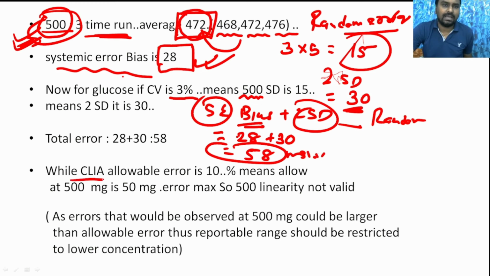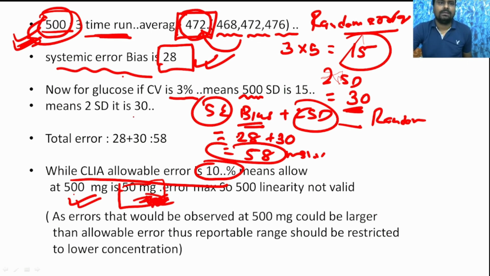So now as per CLIA the allowable error for glucose is 10%. Meaning at 500 milligram concentration the maximum total allowable error is 10% of 500 milligram, which will be 50. So a maximum of 50 is allowed. Now we are getting the value of 58.